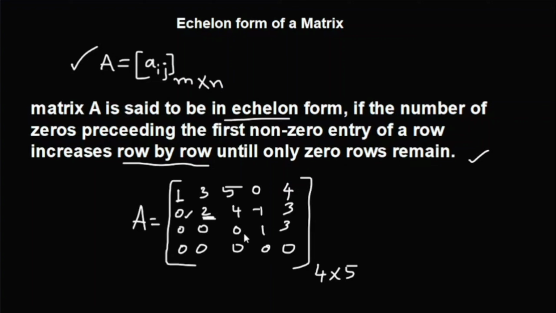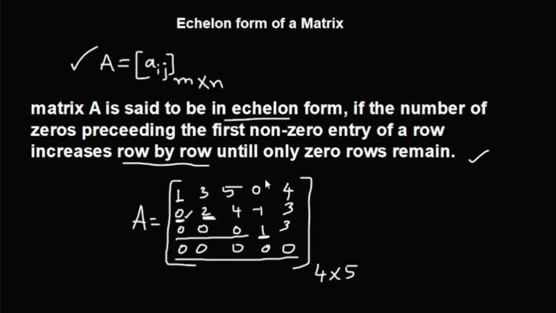And coming to the third row, the first non-zero entry is 1, and to the left of 1 you have 3 zeros, and this number of zeros is more than one 0. You have 3 zeros in the third row and one 0 in the second row. So this 3 is more than 1. And the fourth row is entirely a 0 row.